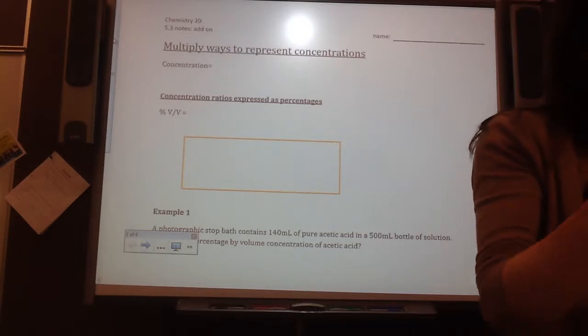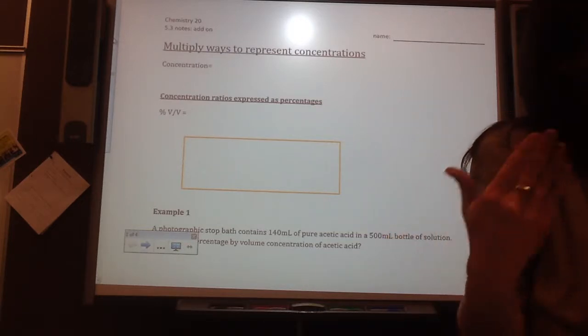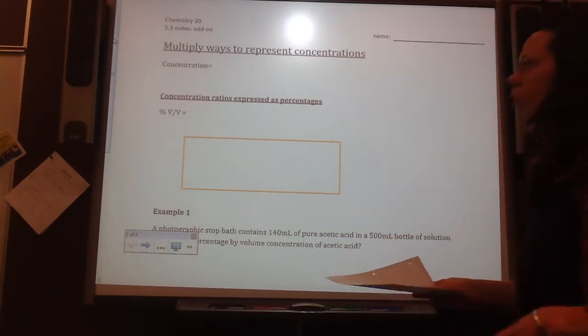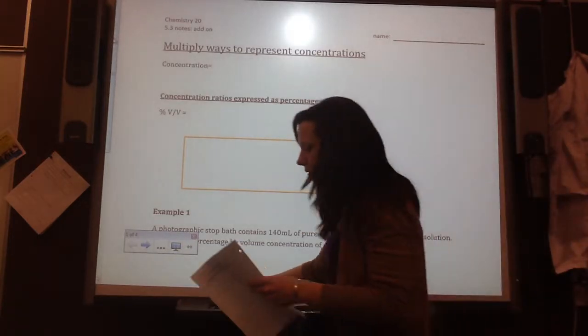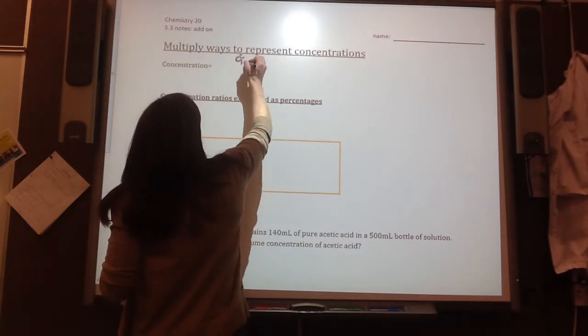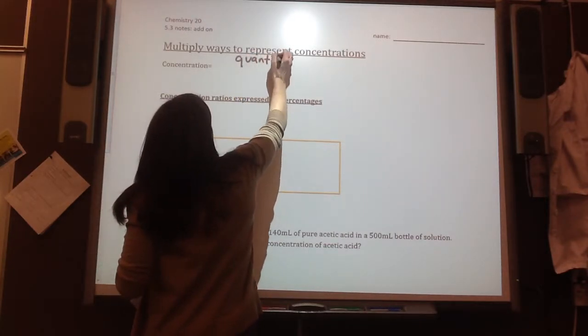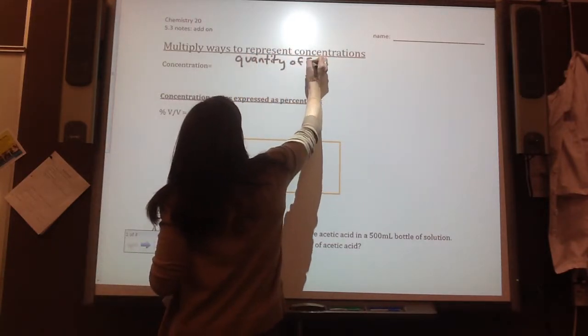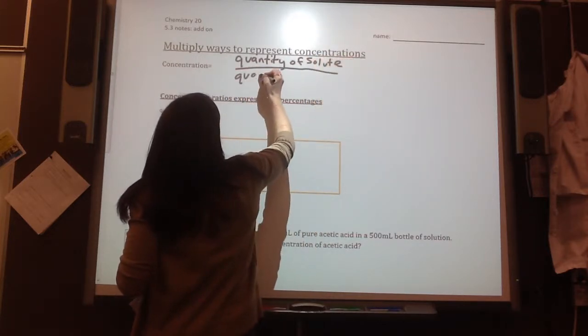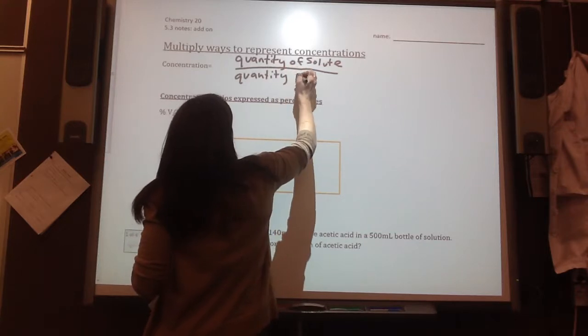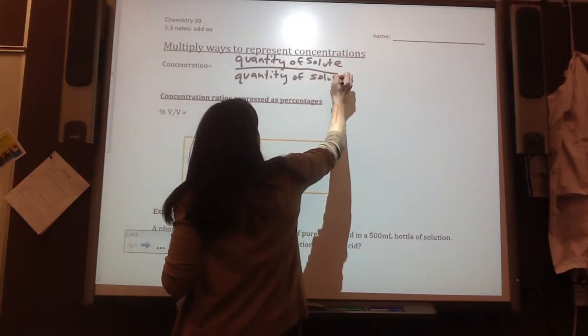Those are all questions about moles per liter, but as we mentioned, there's different ways to represent them. So when we're thinking about moles per liter, we can simplify it and say concentration is really the quantity of solute divided by quantity of solvent.